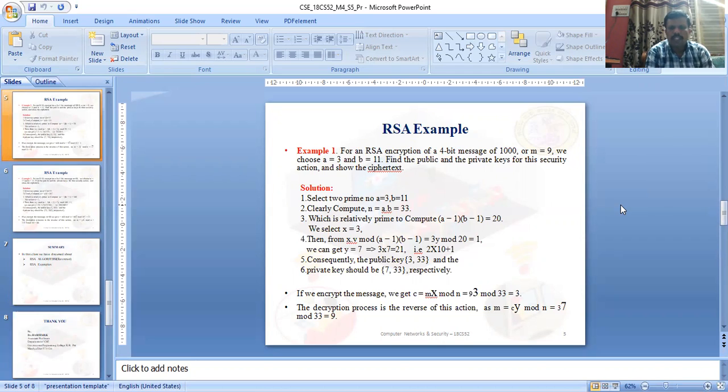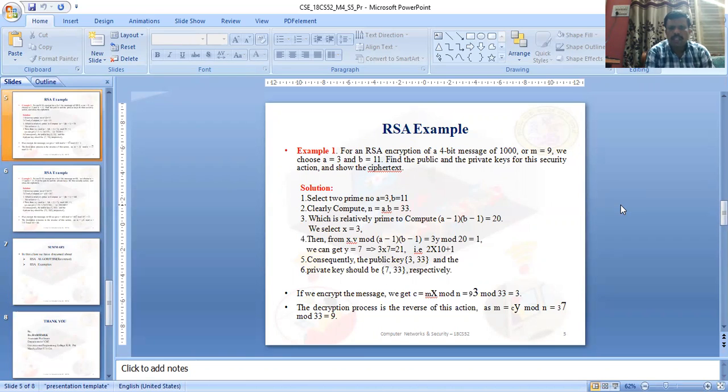So we select x equal to 3, which is relatively prime to 20. Before finding y, we use the equation x into y mod (a minus 1)(b minus 1), that is 3y mod 20, and 1 will be returned.